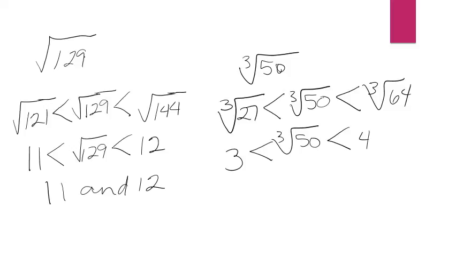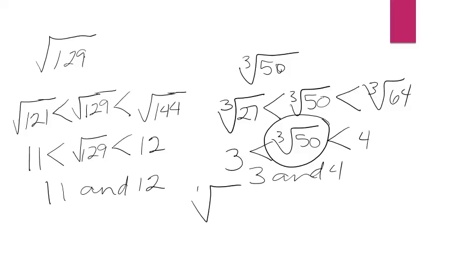You can also use your calculator to actually put this in. If you're estimating, you know it's between 3 and 4. If you're supposed to give an exact answer, you need to put it in your calculator. Remember your sign that looks like this.